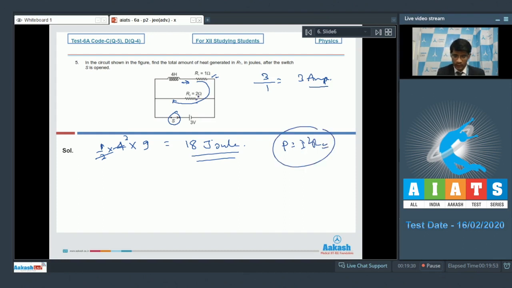So this is 2 ohm, this is 1 ohm. So the total energy that will be dissipating in R1 will be 1/3 of this 18 joule. So how much is it? Energy dissipating in R1 is 18 divided by 3, that means 6 joule. That's the answer for question number 5. Got it?